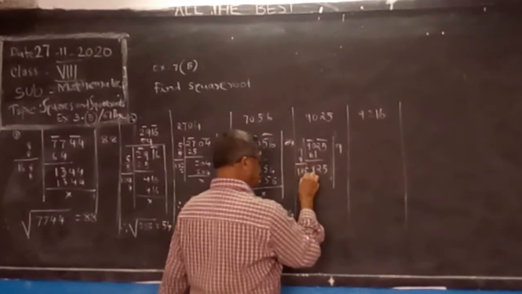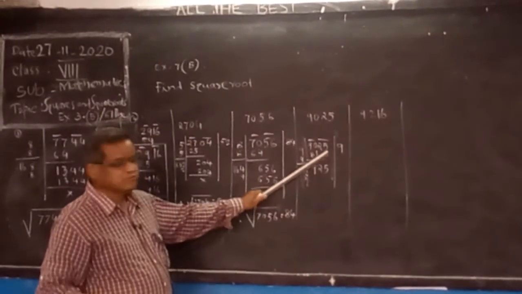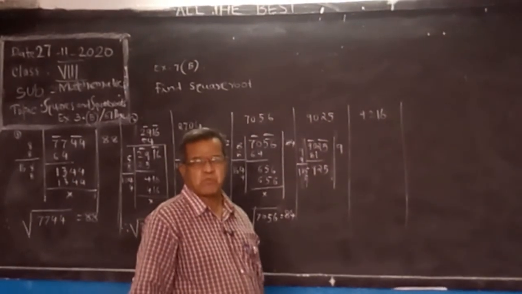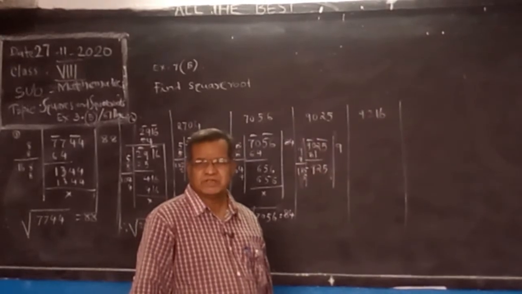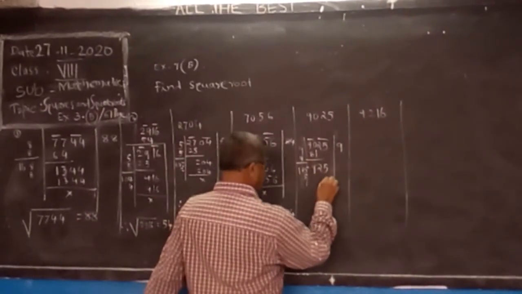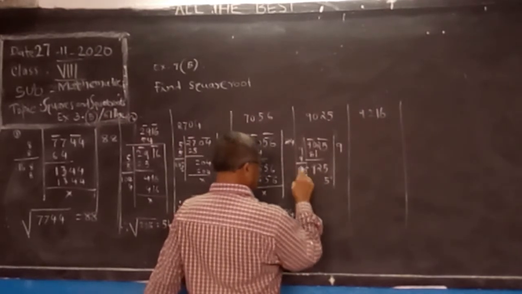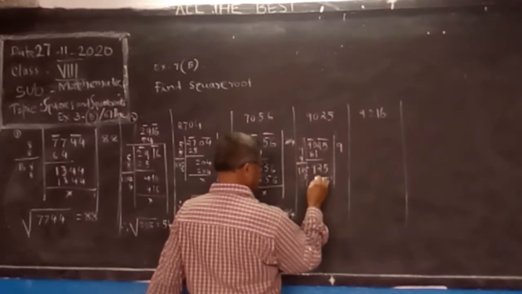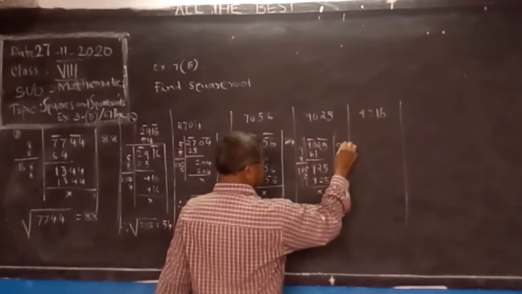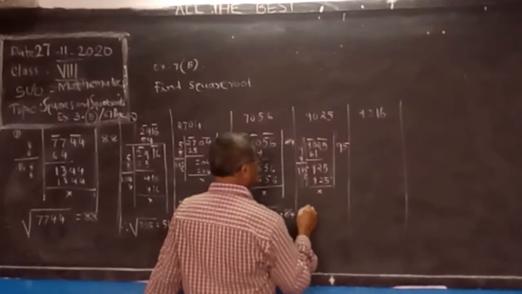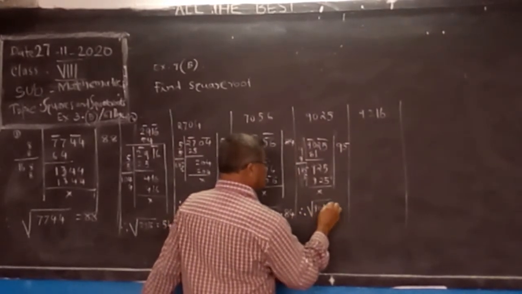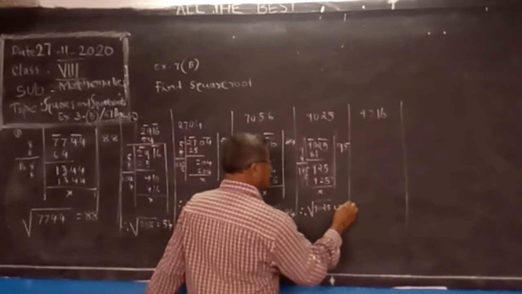Whenever the last number is 5, it is possible with 5 only. We get 5 with 5 only. So 5 fives are 25, 5 eights are 40, 42, 5 ones are 5, 9. Remainder 0. 95. Therefore, the square root of 9025 is 95.